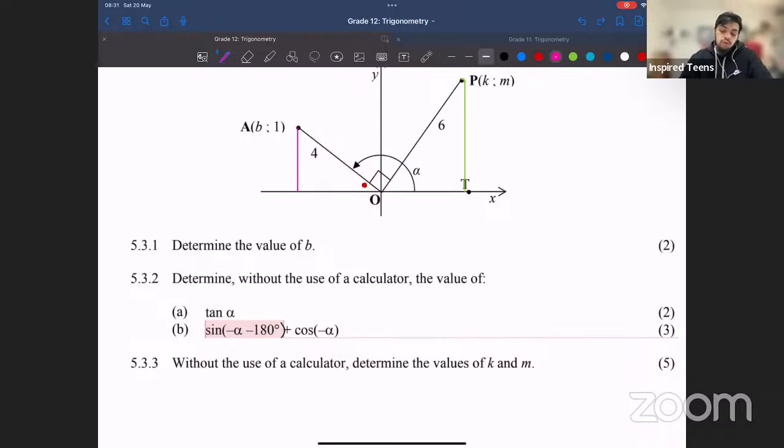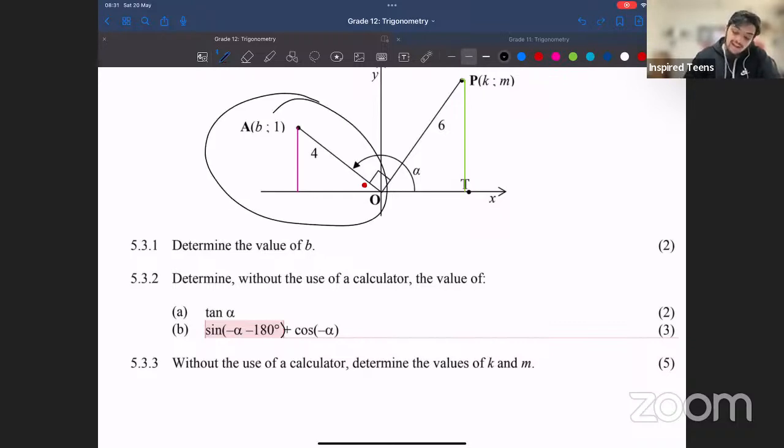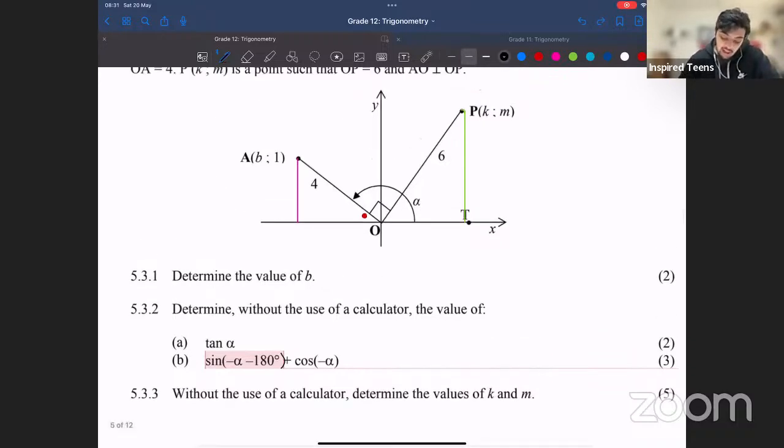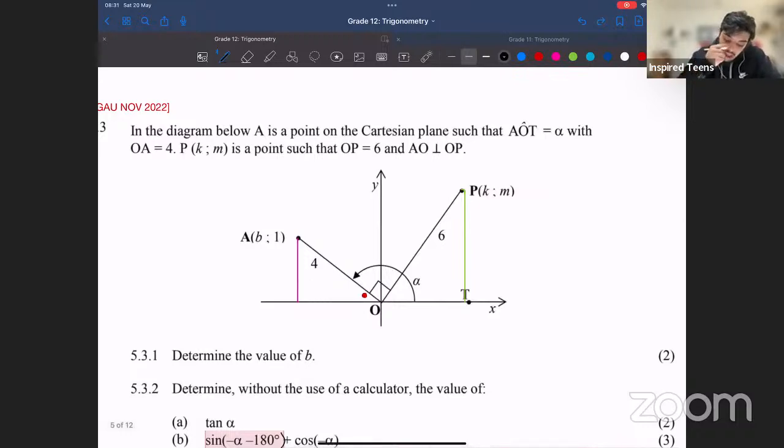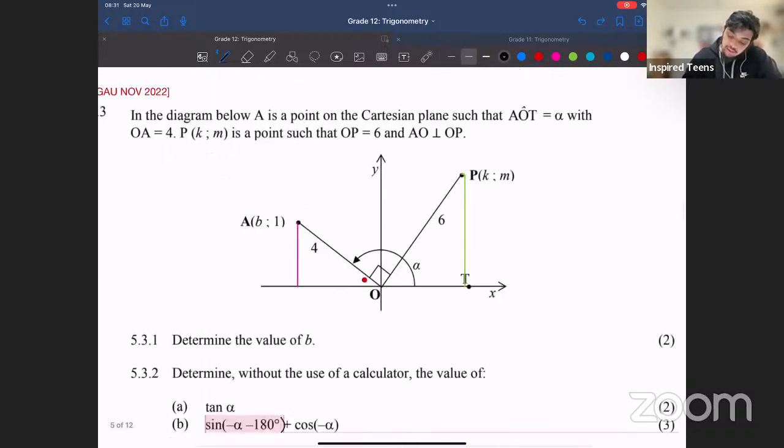Cool. So now how are we going to determine the value of B? B is firstly here in this triangle. In this triangle, we are given that OA is 4. I just want to move it a little bit, and I'm going to make it red.